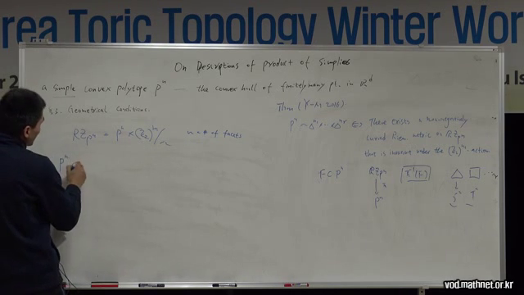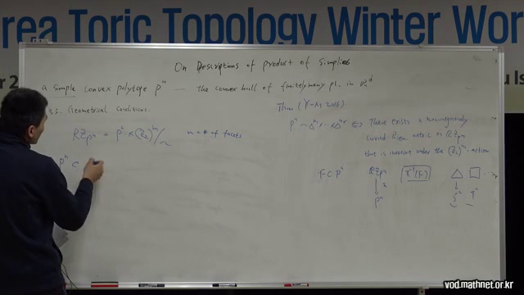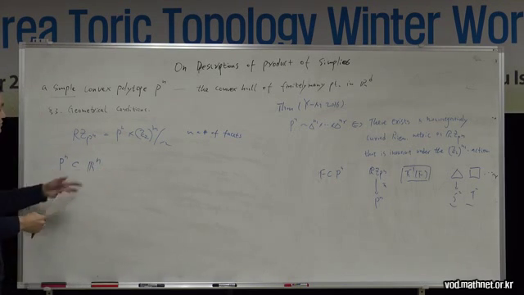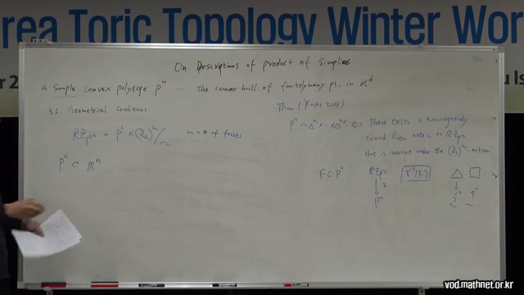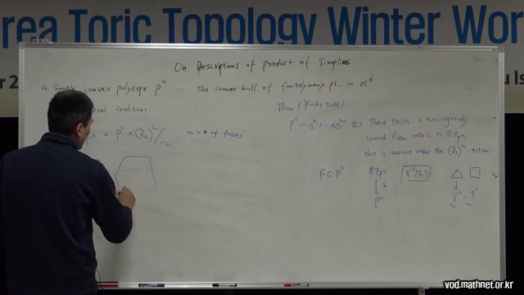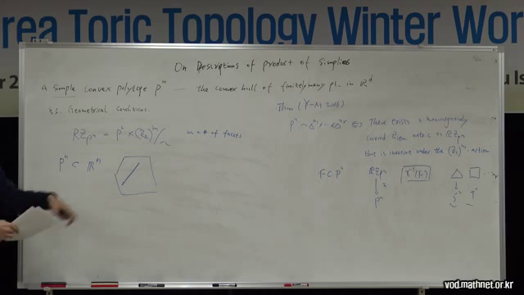And we know that each Pn, if we consider it as a subset of Rn, is itself a metric space, right? We can define the distance of any 2 points in this space. Because it's convex, the distance of any 2 points is just the length of the straight line between these 2 points.